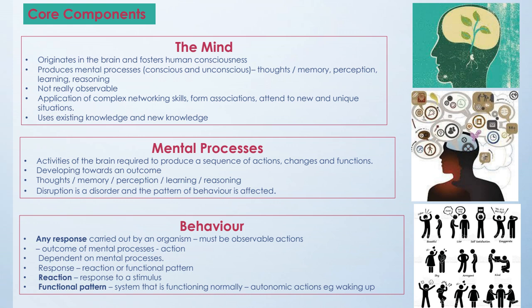But the ultimate outcome of those mental processes is a behavior, which is a response to something. Everything we do is in response to something. Okay, it's like a reaction pattern to something. We respond to a stimulus in our environment. If we see someone moving towards us in a threatening way, you know, we have a behavioral response that happens within our body.